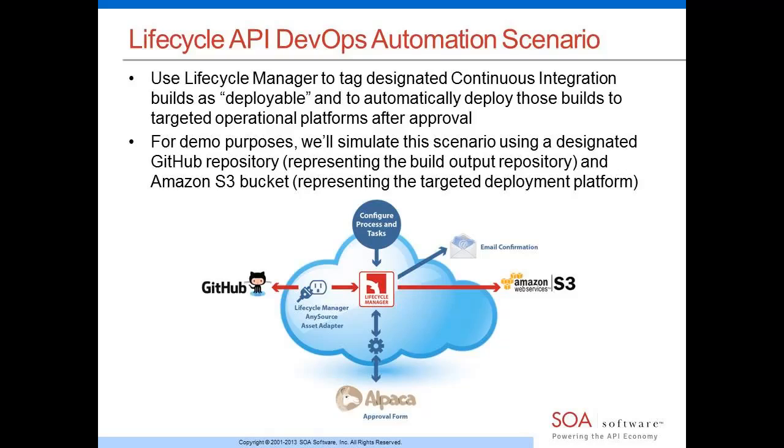You can replace whatever target runtime you want with that. You could replace GitHub with any repository, perhaps LinkedIn with a Jenkins build process in your own environment. So you make that mental leap as you're watching the demonstration that we go through here.